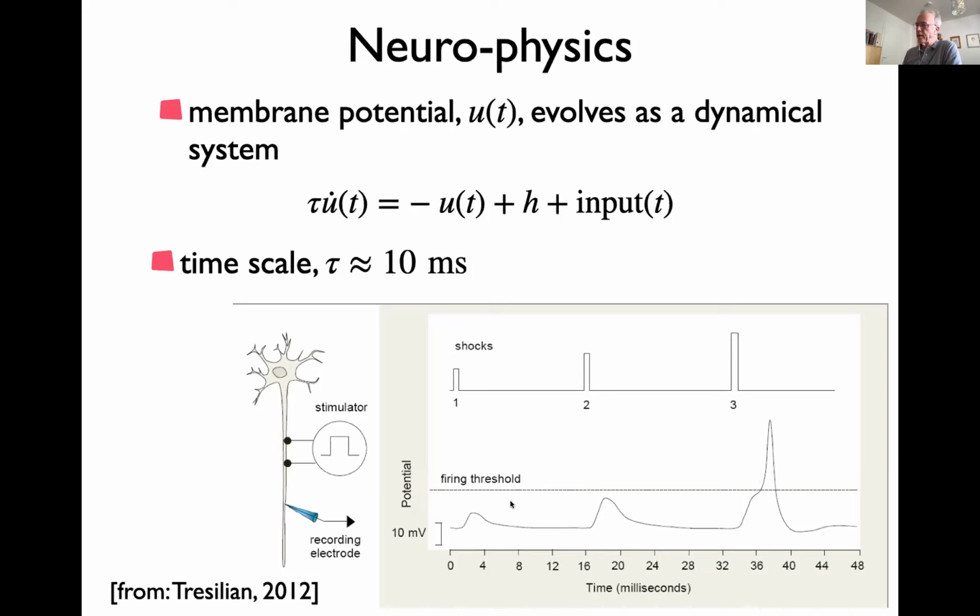If you look at the timescale, this is a caricature of real neural data. You see here, this is milliseconds. You can almost guess that the timescale on which the membrane operates, this biochemical system with electrical charge and ions and so on, is about 10 milliseconds.